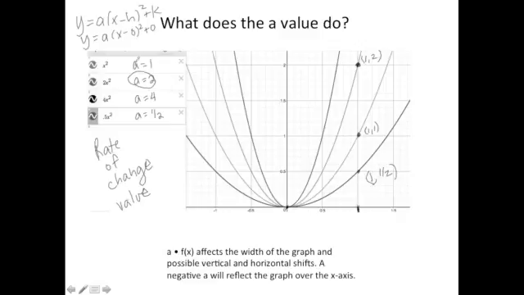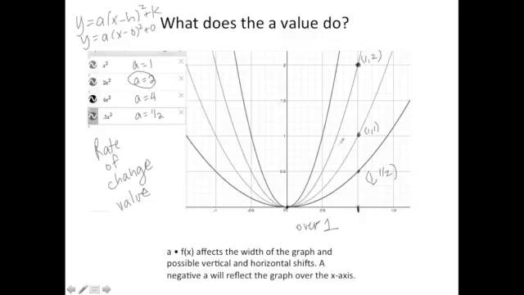We will know how far from the vertex to go based upon this A value, always over 1. And then it will either be up 1, up 2, up 4, up 1/2, or if each one of these is negative, it would be down 1, down 2, down 4, down 1/2.